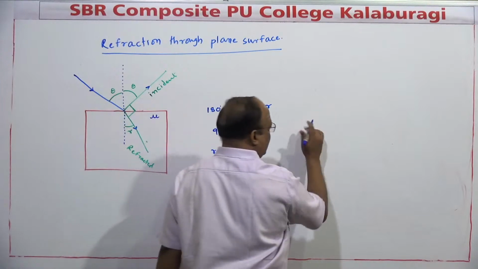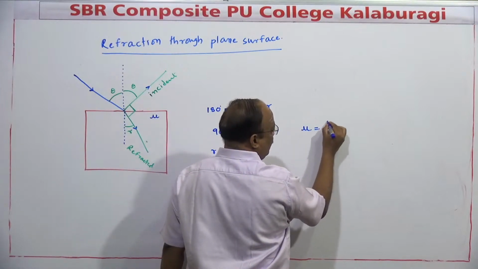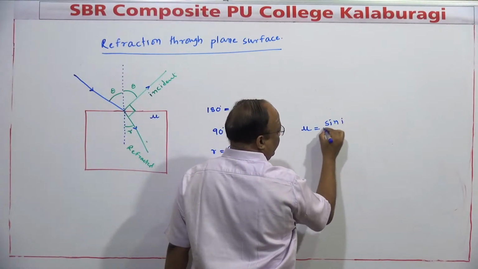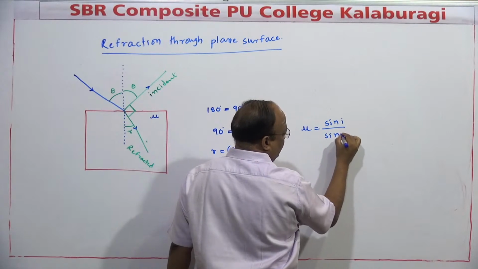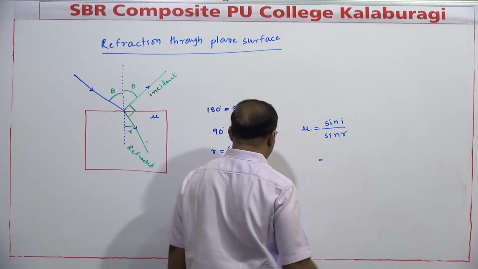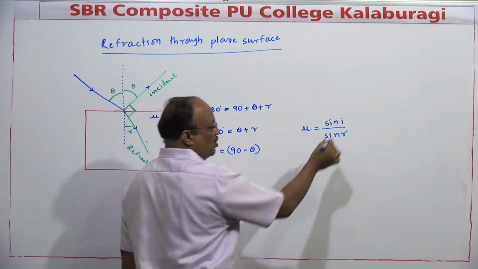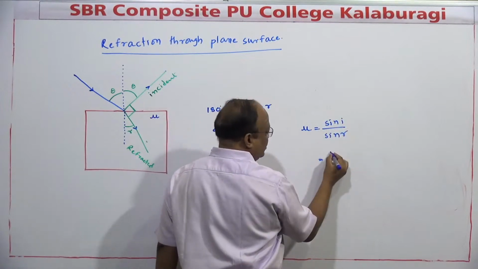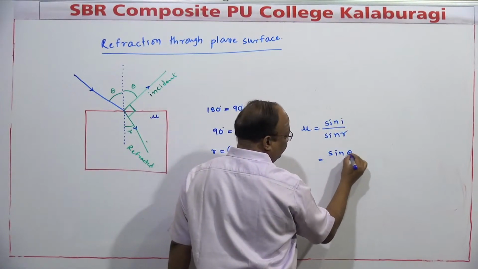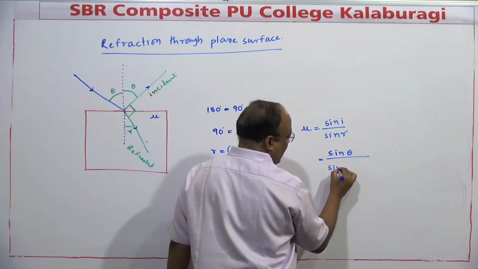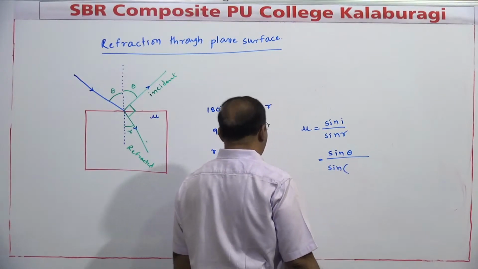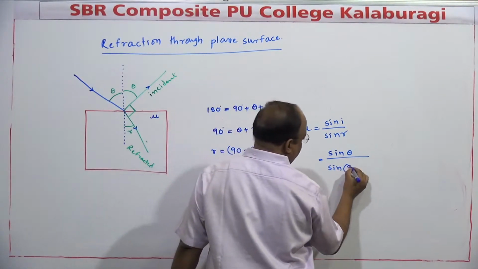What is our Snell's law? It is mu is equal to sin i by sin r. The incident angle is theta, so sin theta divided by sin r, and r is nothing but 90 minus theta.